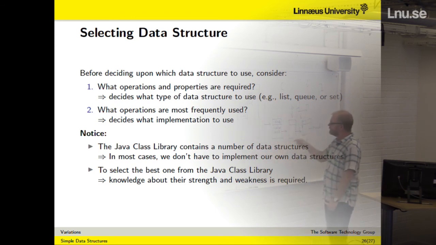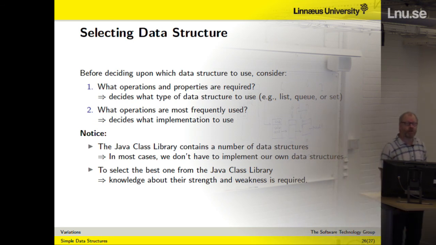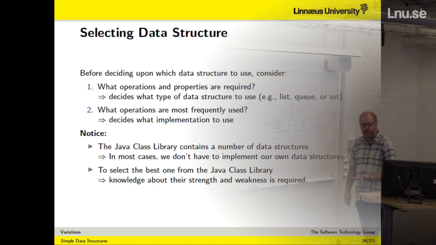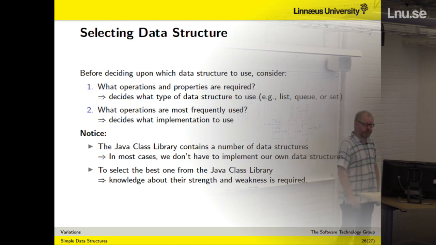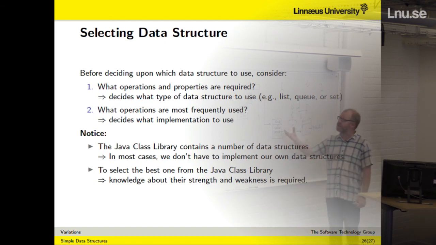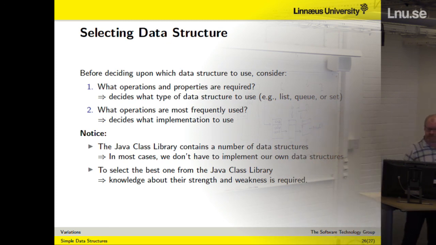If you just have this picture in your mind, you can figure out how the different operations work. And you can also figure out what is a time-consuming operation and which one is a quick operation. The same goes with the array-based idea. If you understand how it works, you will realize that adding and removing things in the middle, where we have to shuffle the elements, is not a good idea. Then we should use the linked approach.